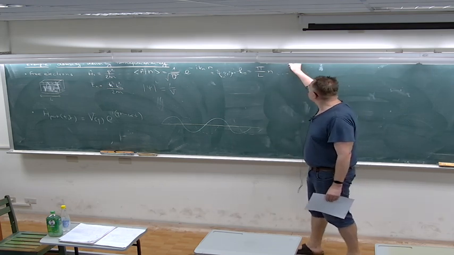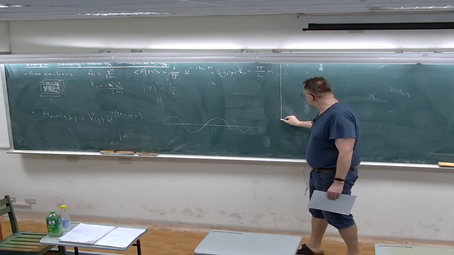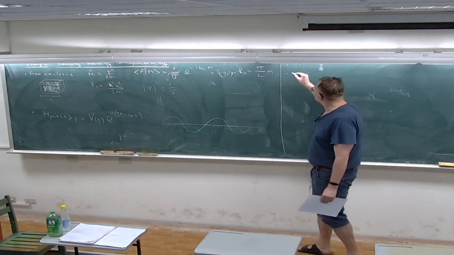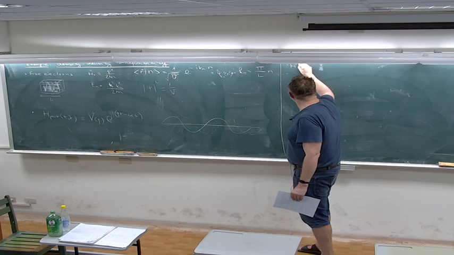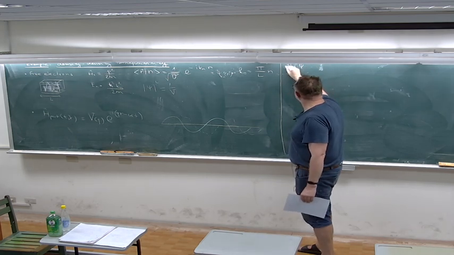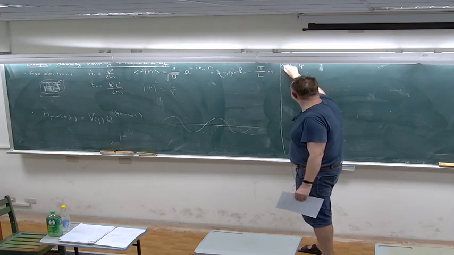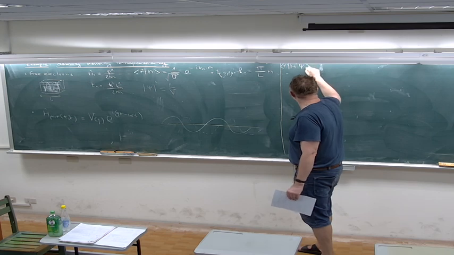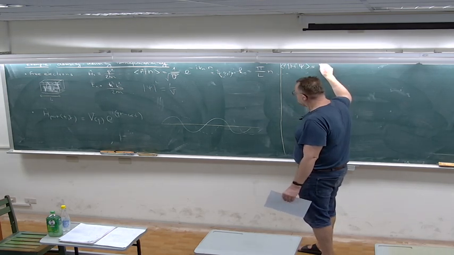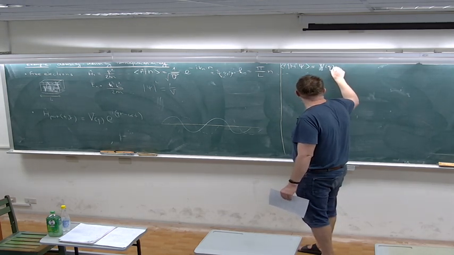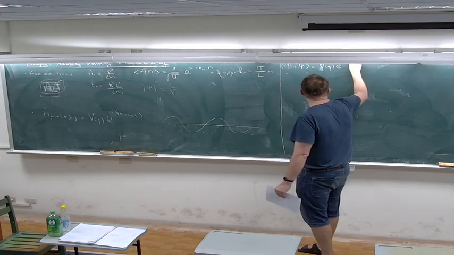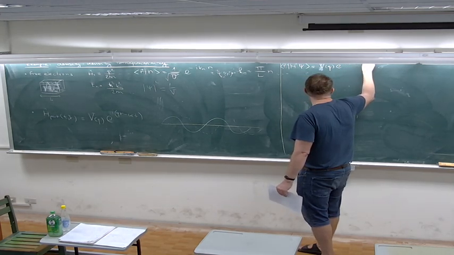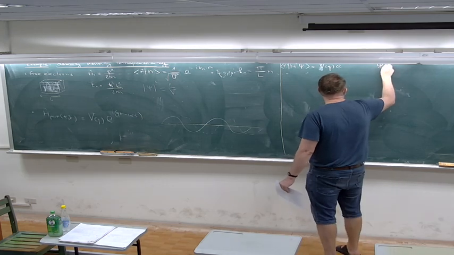Okay, so if you would be in the Schrödinger picture, then this perturbation in the Hamiltonian, acting on psi in the position representation, would be V_q e^{i(q·r − ωt)} times the wave function at point r.